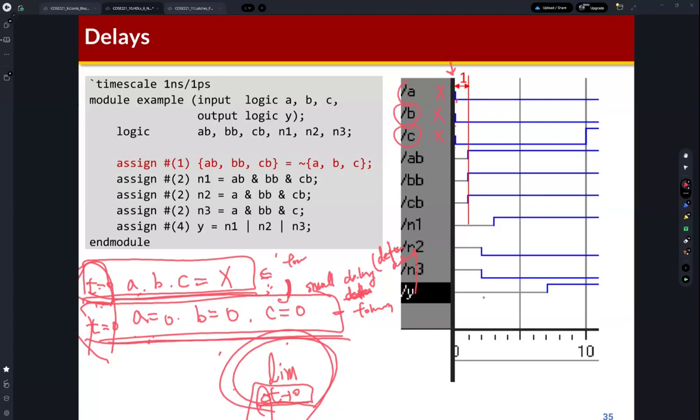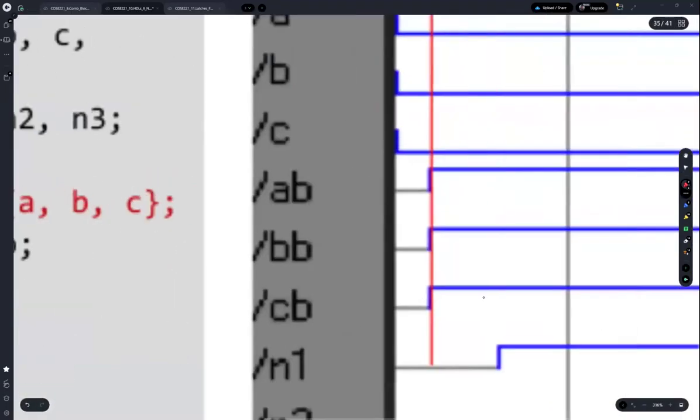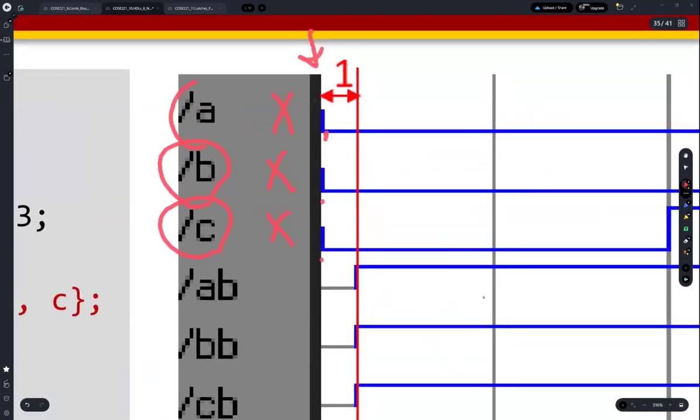If you see this waveform, you can find the vertical line here. It represents it was X, but at time t0, it is changed to 0, X to 0, X to 0.